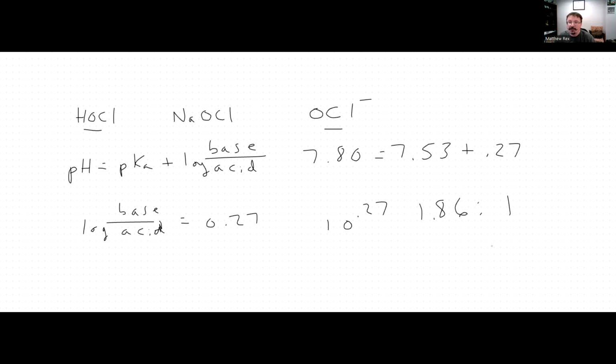I have to have something greater than 1 to give me, when I take the log of it, that positive value of 0.27. So you could rule out right off the bat B and D, because that gives you something less than 1, with the only possibilities being A and C. But again, if you solve for the anti-log of that, you'll get that 1.86 to 1.